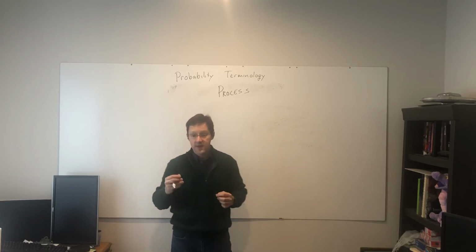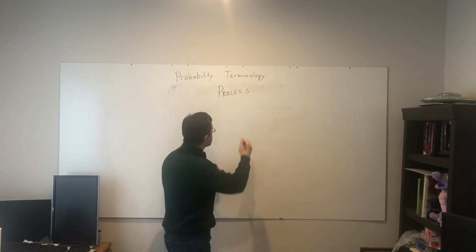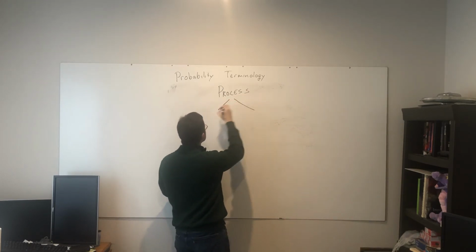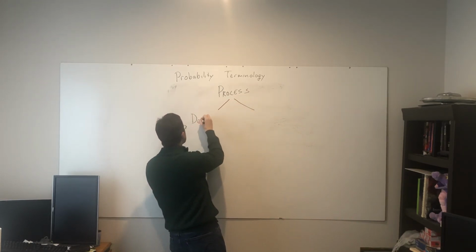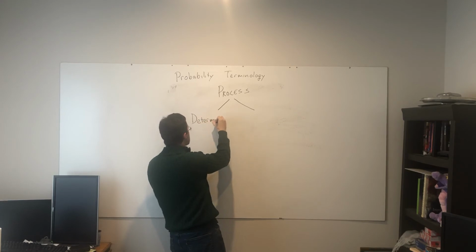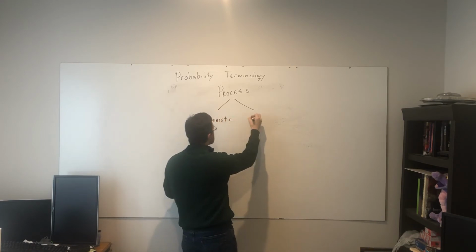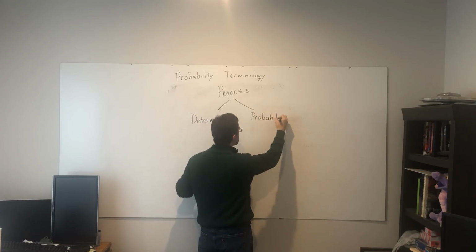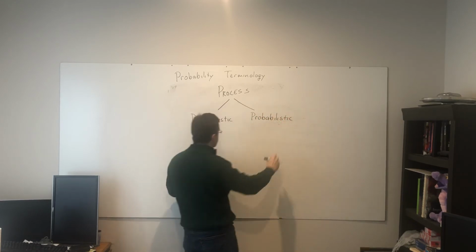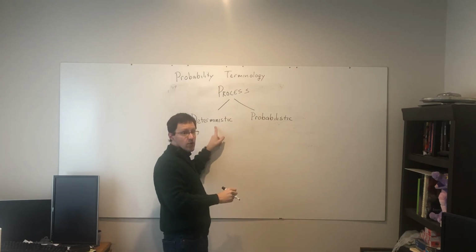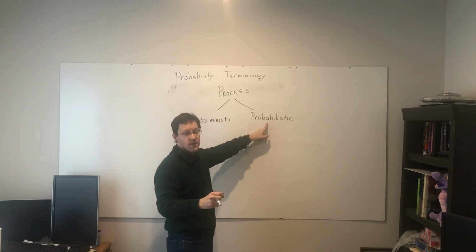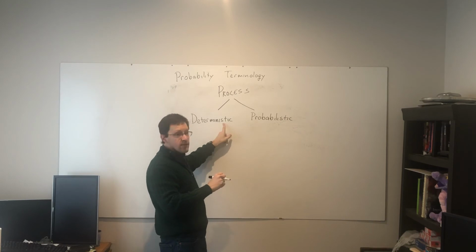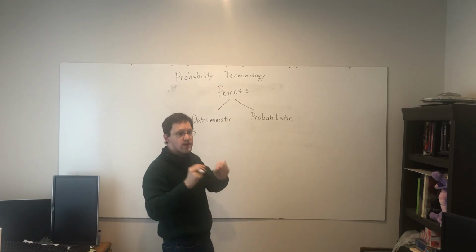And the first is: is a process deterministic or probabilistic? Put another way, if a process is deterministic, we can predict it perfectly.